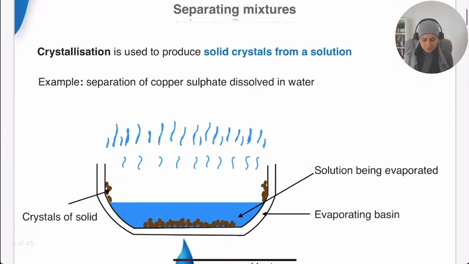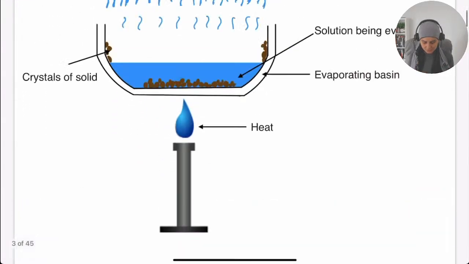Now, if you want to separate solid crystals from a solution, a homogeneous mixture, and you want to take the crystals out, for example, soluble copper sulfate dissolved in water, then you would use a process called crystallization. I don't have the photograph.